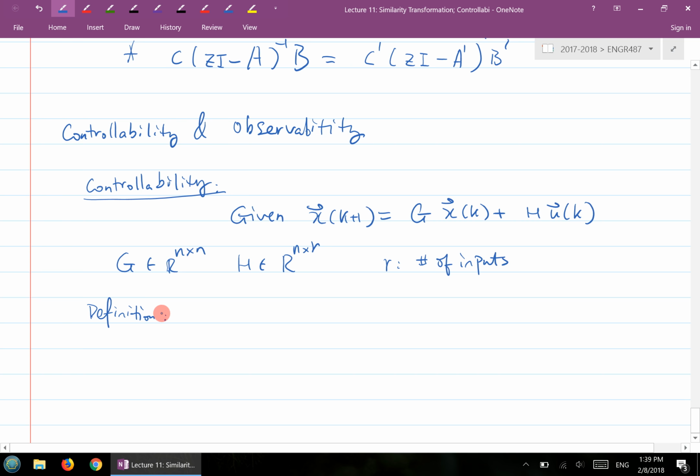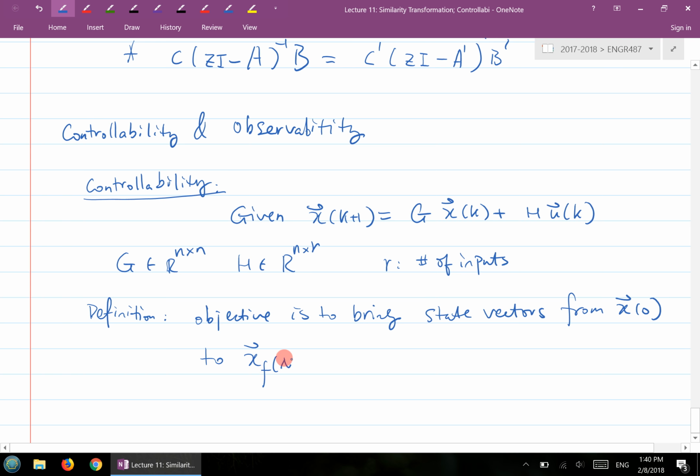Or maybe I shouldn't call it a definition. Let's maybe just call it a sort of objective here. The objective is to bring the state vector from an initial value x of 0 to a certain final value xf here.